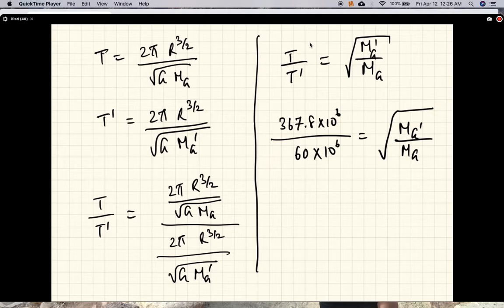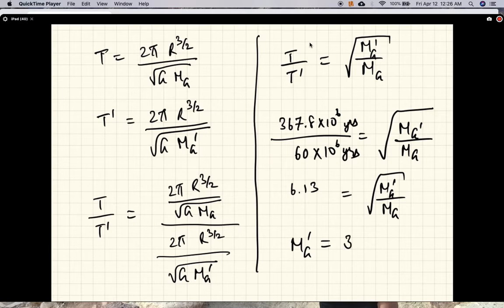So the thing on the left-hand side is 367.8 divided by 60, which is 6.13, equal to the square root of M_g prime over M_g. And so M_g prime is the square of that, it's 37.6 times M_g.